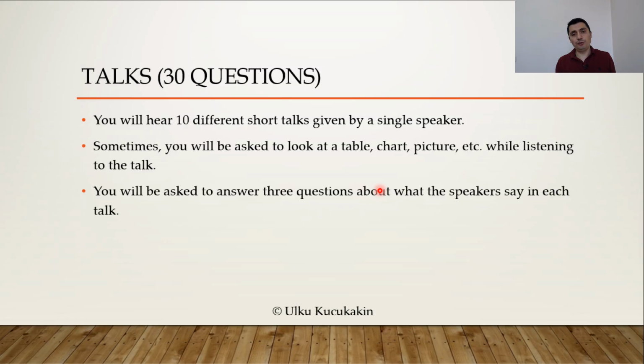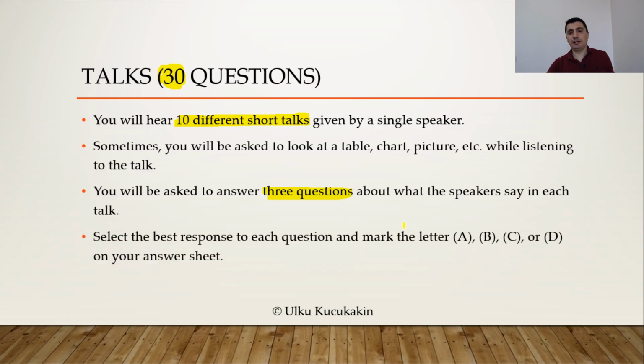You will be asked to answer 3 questions about what the speakers say in each talk. So as you can see, for each talk there will be 3 questions. There will be 10 different short talks, and in total you will receive 30 questions in this section, everyone, okay?